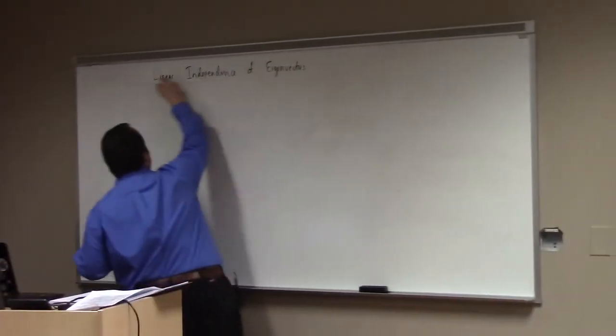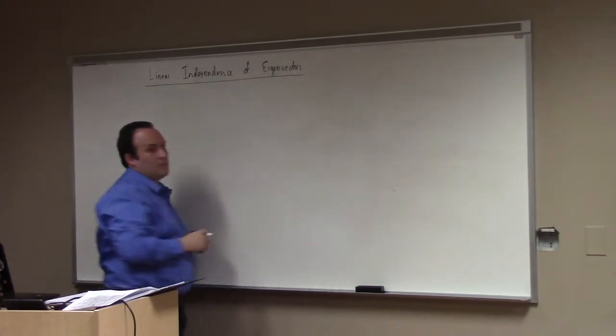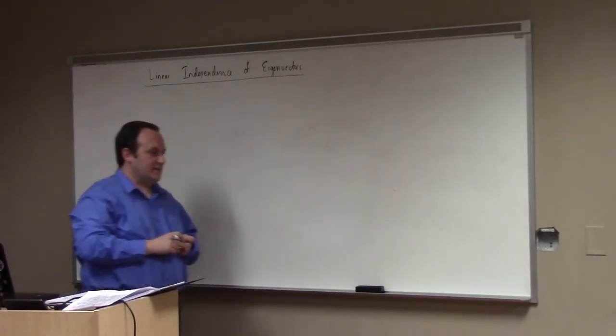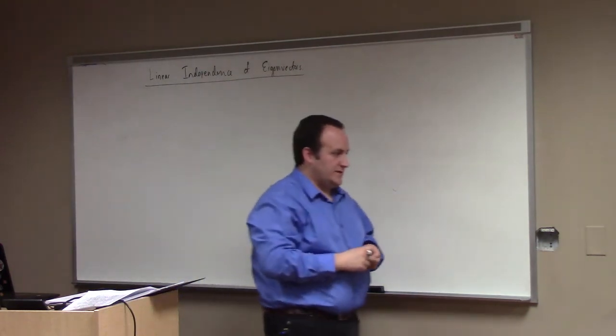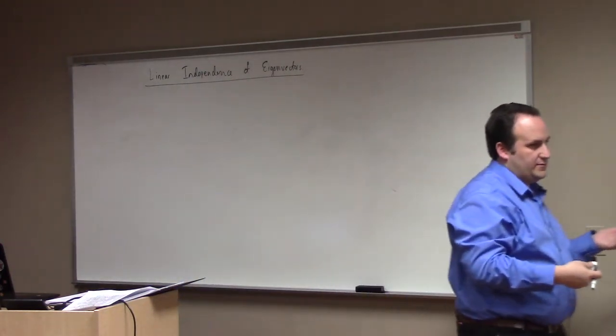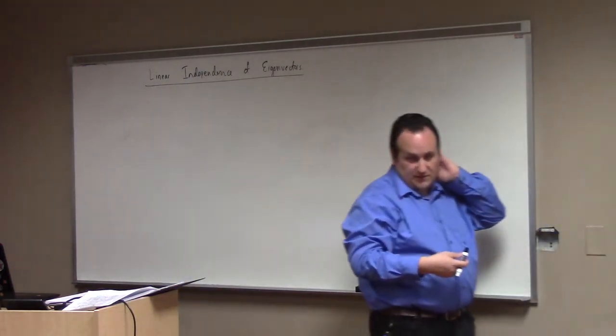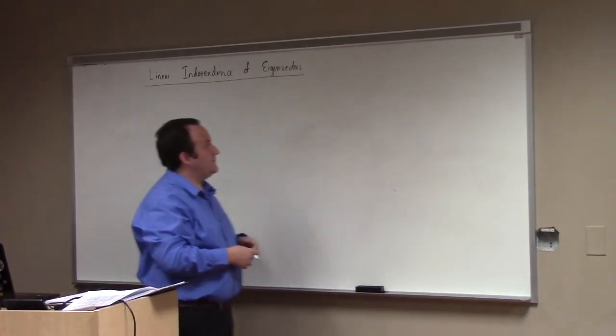So I want to talk about linear independence of eigenvectors. All right, so it's just a little leftover. Hopefully, shortly after I get done with this discussion, it will naturally lead us to the next thing, which is the Jordan form.